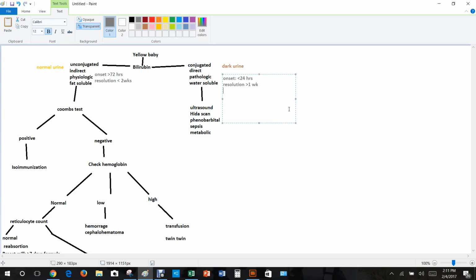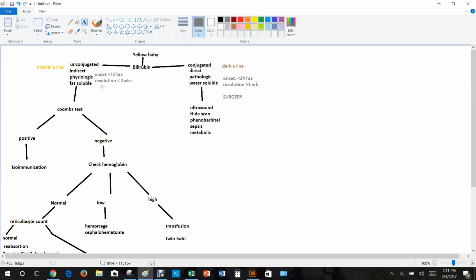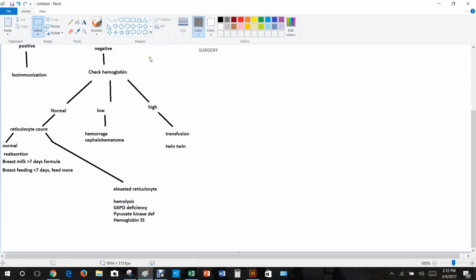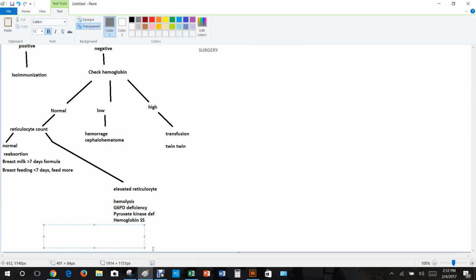And this one's got to end in surgery, whereas this other one usually ends in something like, worst case scenario, a bili blanket, or maybe an exchange, but worst case scenario is probably an exchange transfusion.